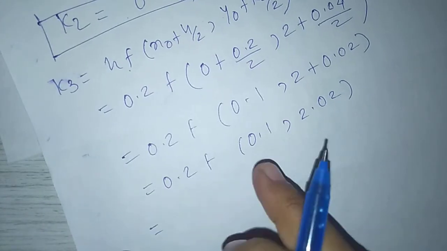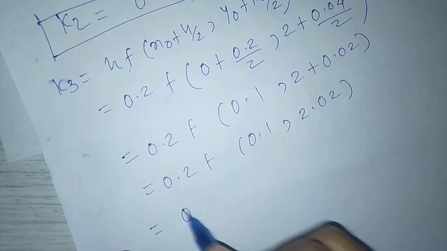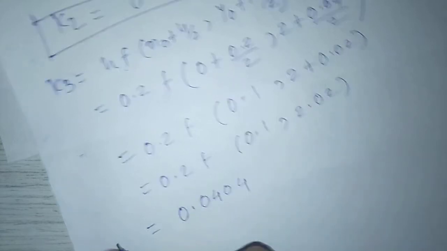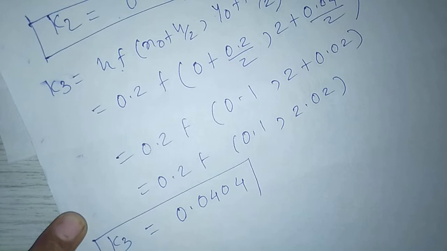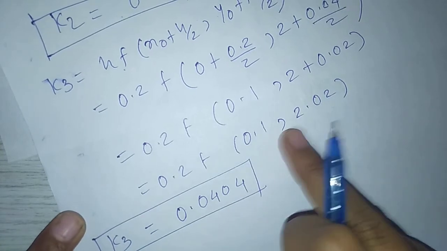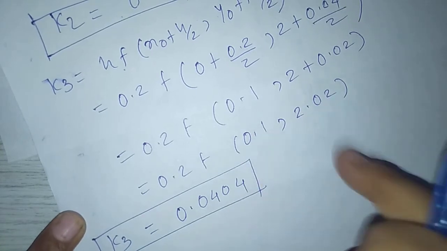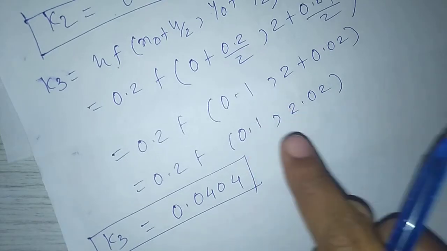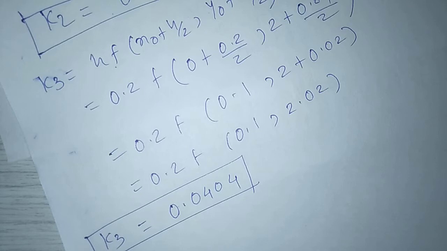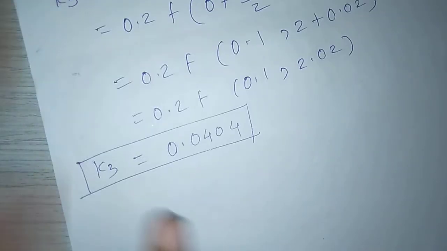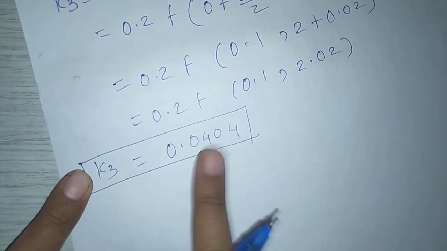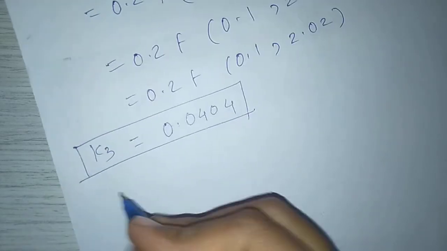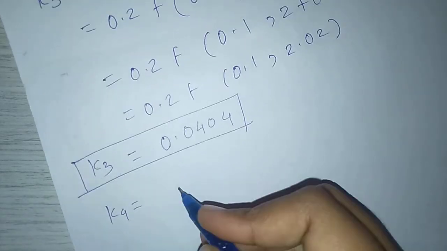We get, after simplification, f of 2.02 is 0.1 into 2.02 and then the resultant value multiplied by 0.2. Then we get k3 equal to 0.0404.